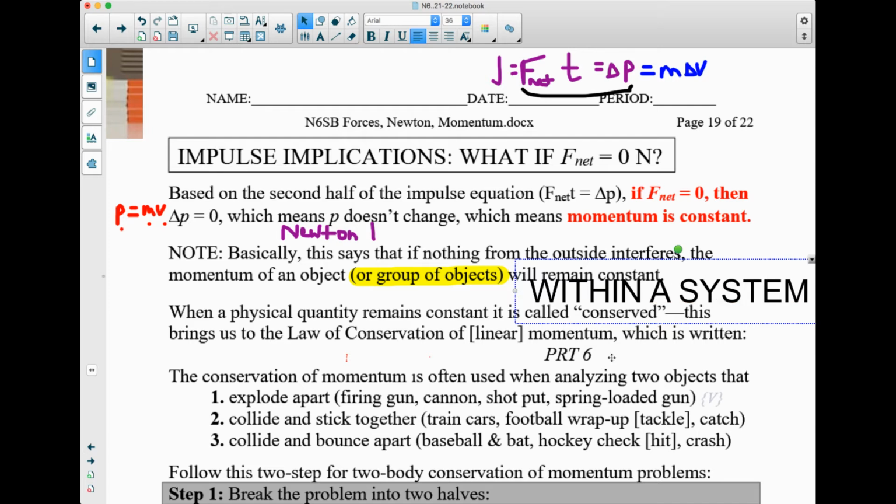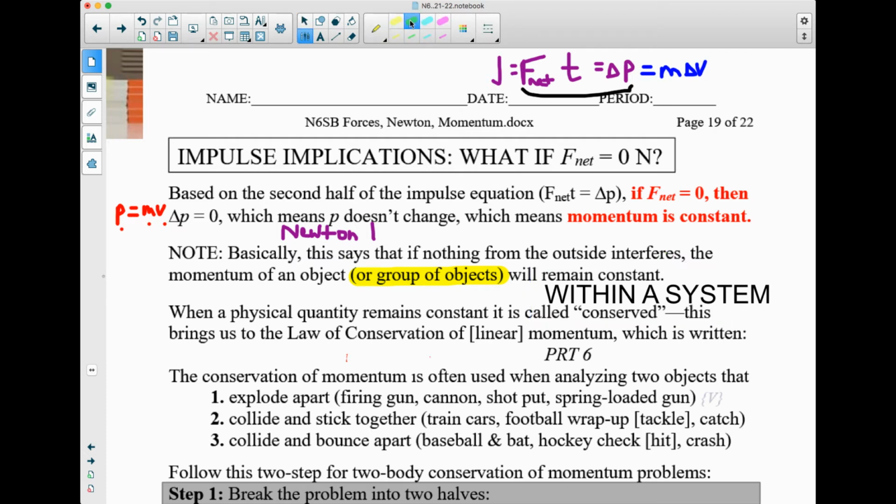Within a system is a fancy way of saying, I'll color code these things, within a system is just a physics way of saying nothing from the outside interferes. These two are the same thing. Nothing from the outside interferes within a system.